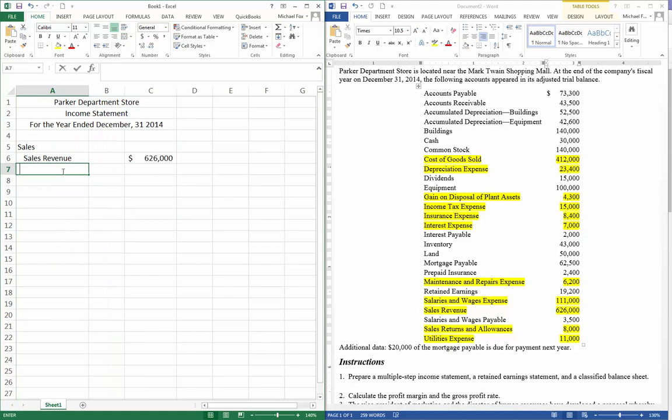And then we're going to do the sales returns and allowances, which were $8,000. And that will give us our net sales. It's always the revenue minus any returns and allowances or discounts is going to give us our net sales.